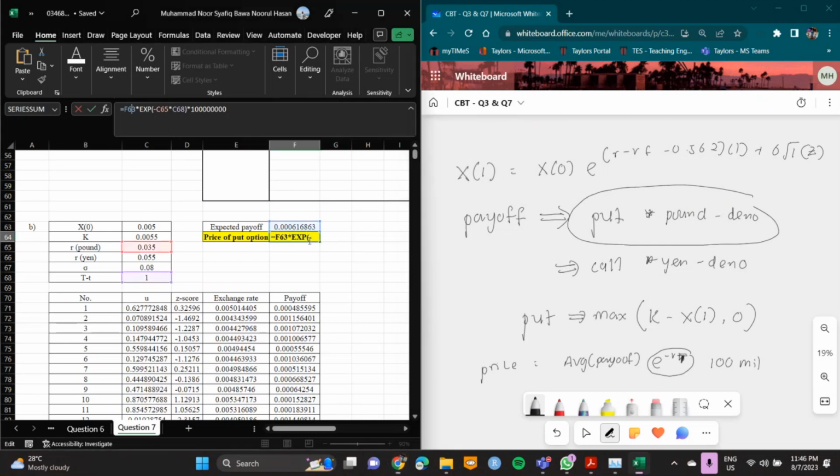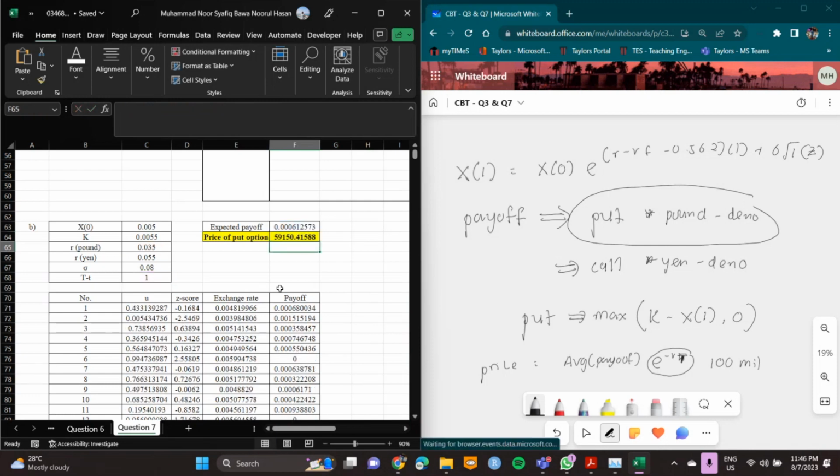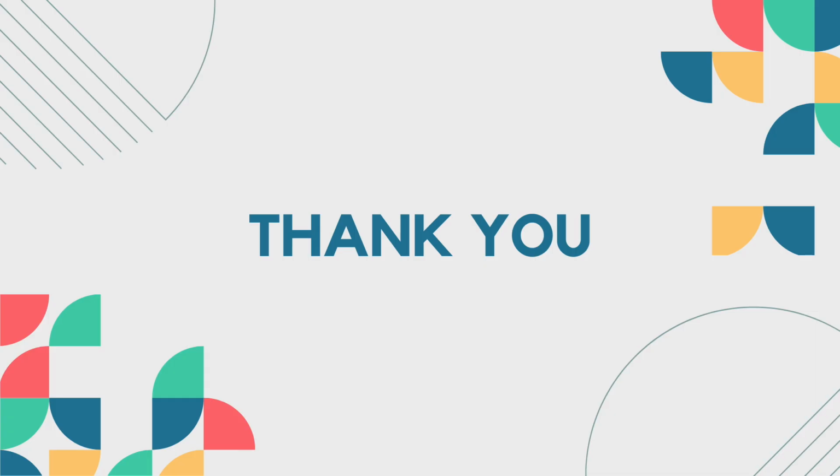So expected payoff is just the average of all the payoffs from 100,000 data here. And we get the price of put option, which is the expected payoff times the discount factor. In our case, it's 1 year, so we use T equals 1, and we take the R value of pound because we are focusing on the pound, and times 100 million. So that's our final answer for the price of put option. So that's all from me explaining question 3 and question 7. Thank you so much.